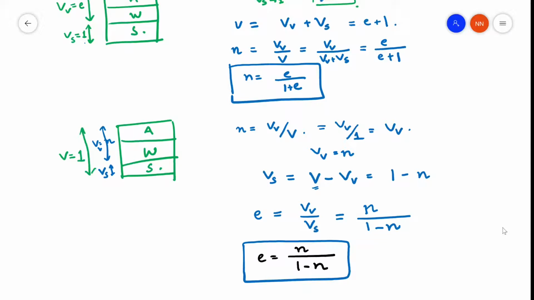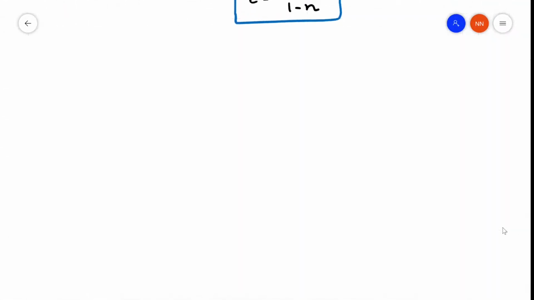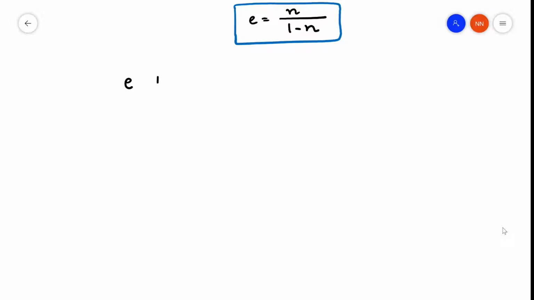The next and perhaps the most important relationship that we'll be using all the time in soil mechanics is the relationship between void ratio, water content, specific gravity, and saturation. The relationship between E, W, G, and S. So let's look at this relationship in detail.